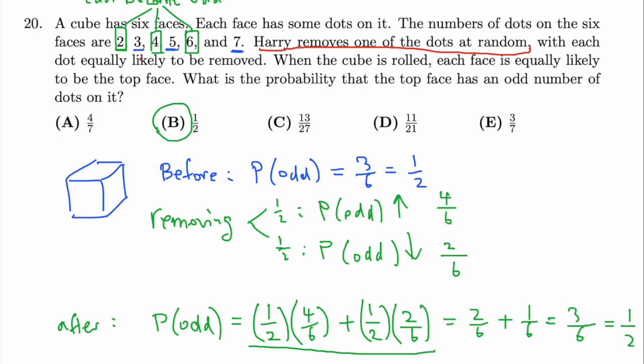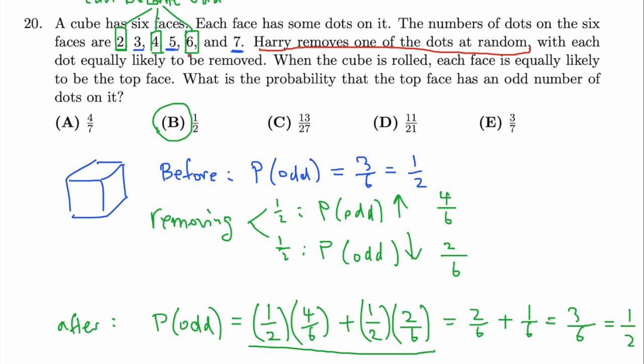But if he picks the blue underlined ones, then we're going to decrease the probability of getting an odd number to 2 over 6. And if we're just picking a random dot, there are more dots in the 3, 5, and 7 compared to the number of dots in the 2, 4, and 6.